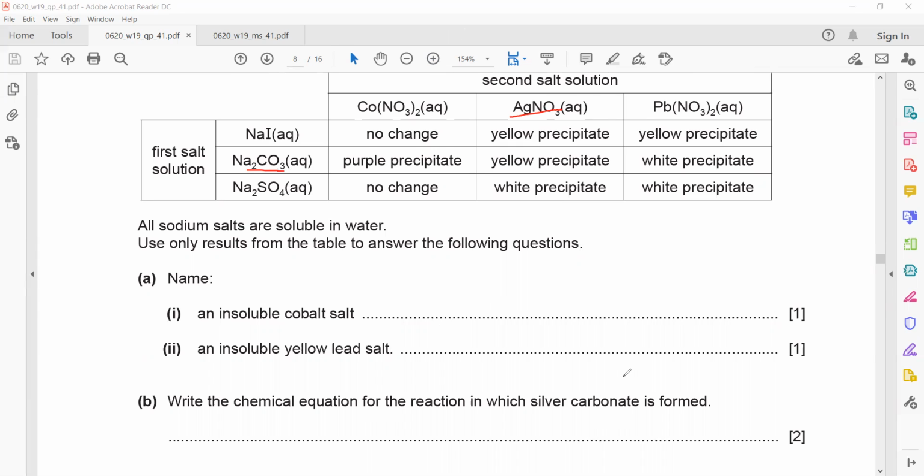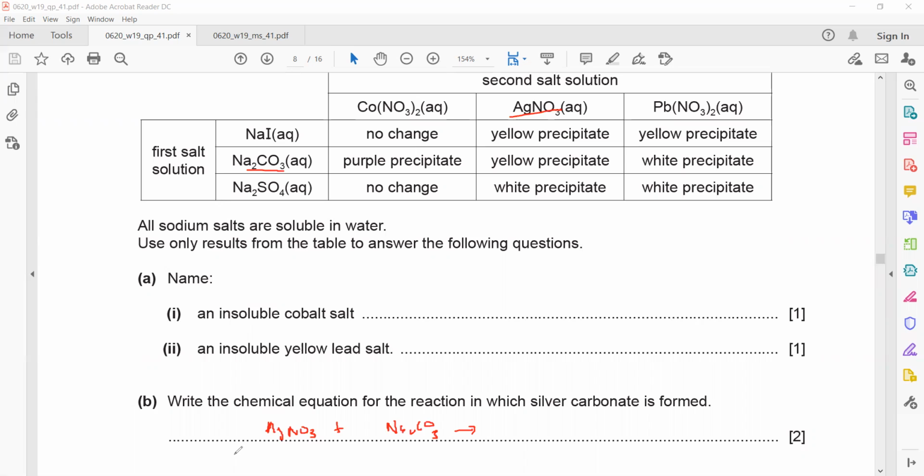So, AgNO3 plus Na2CO3. Silver nitrate was added to sodium carbonate.